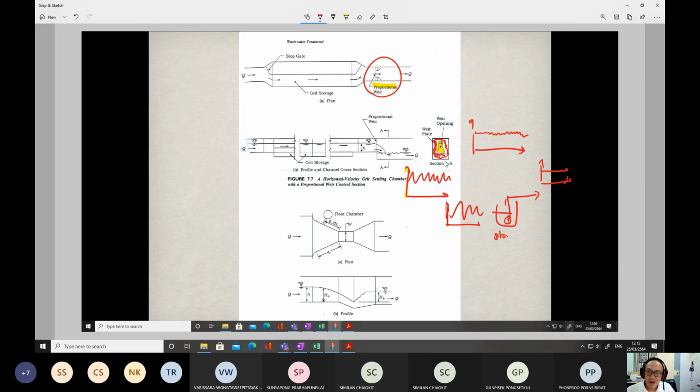So the proportional weir is used as a substitution for the storage, but only if there are no high variations, just small variations, which the proportional weir can handle. In that case, we don't need the storage. So sometimes we use this one. This is the beneficial use of the proportional weir.